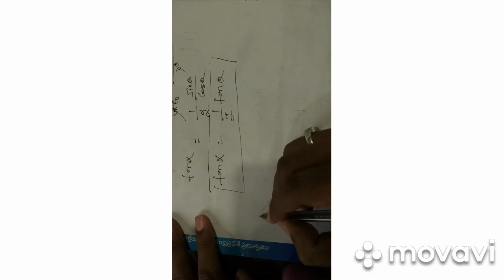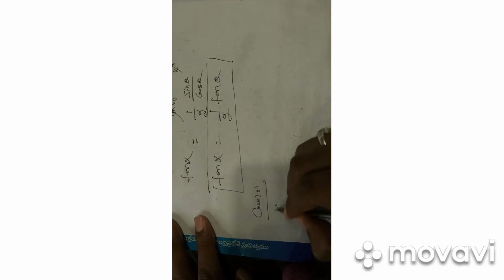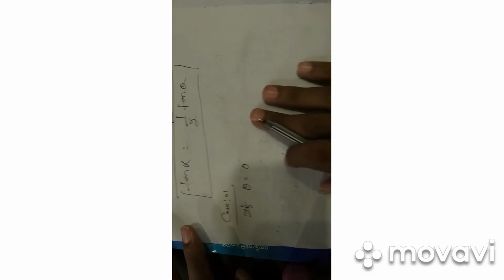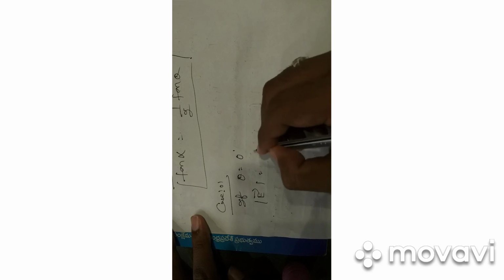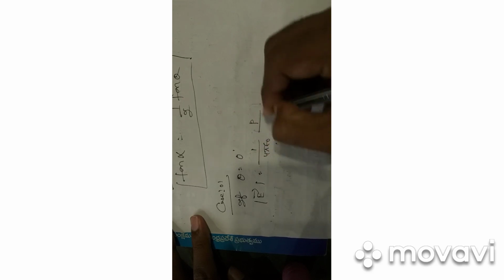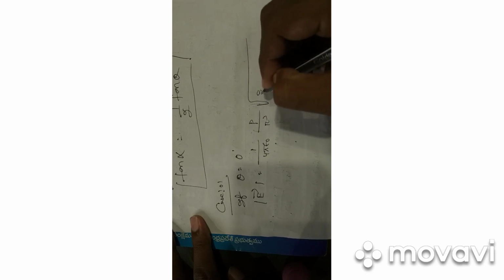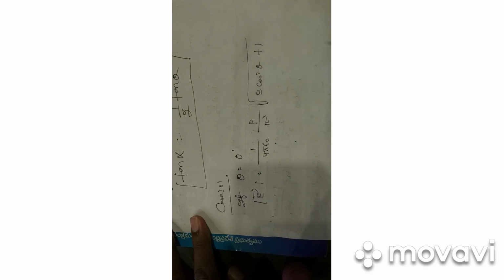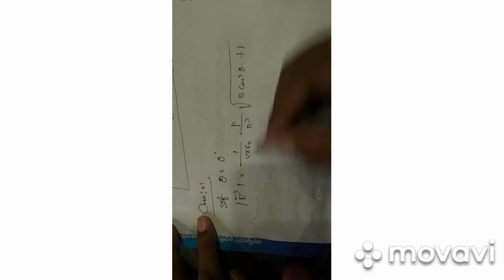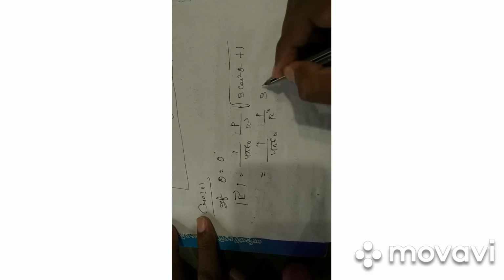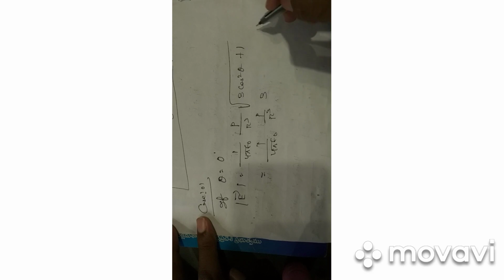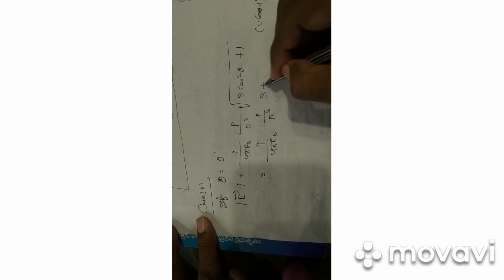Case 1: if theta equals 0 degree, the field intensity has magnitude 1 by 4 pi epsilon 0 p by r cube into the square root of 3 cos square theta plus 1. Here theta equals 0 degree, so cos 0 equals 1, so 3 plus 1 under the square root.